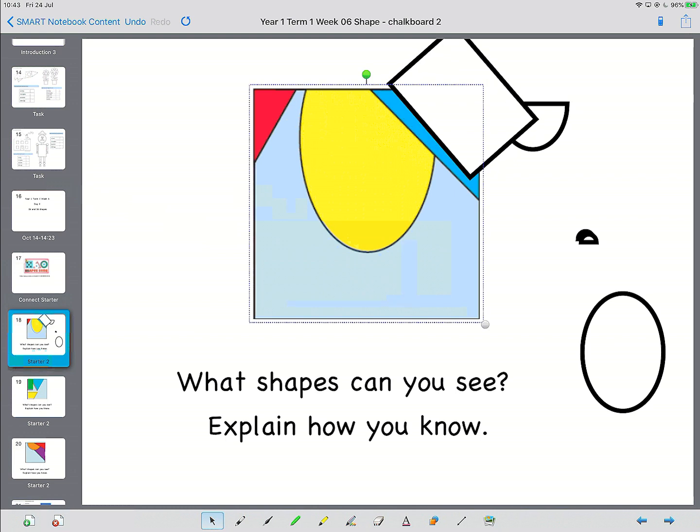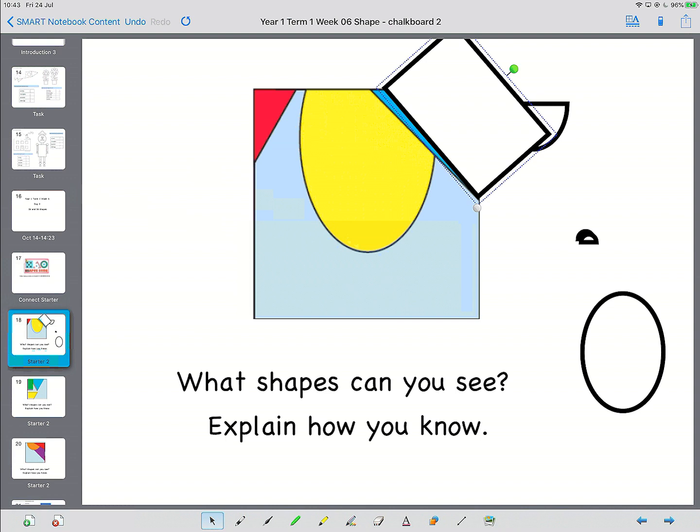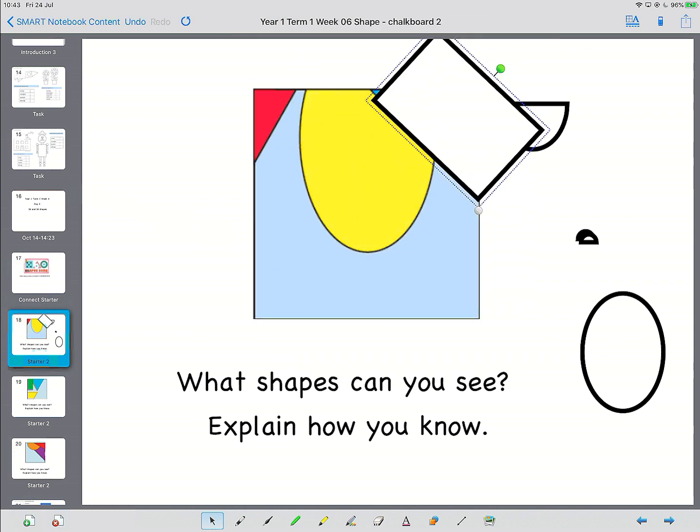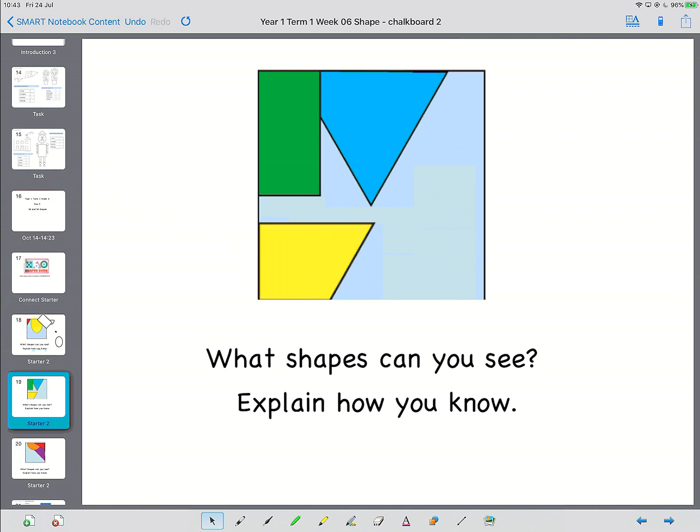That's right, that is a rectangle or an oblong. So it could be either of those. So have a look at these and think what these might be. Start the video again when you're ready.